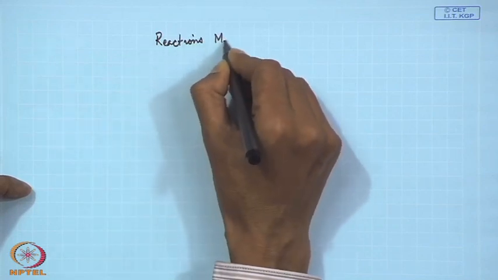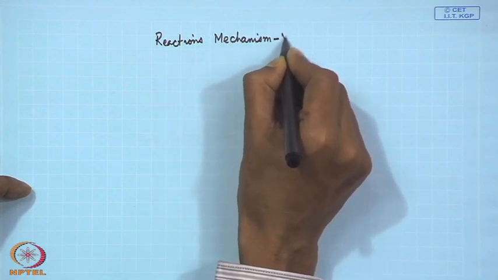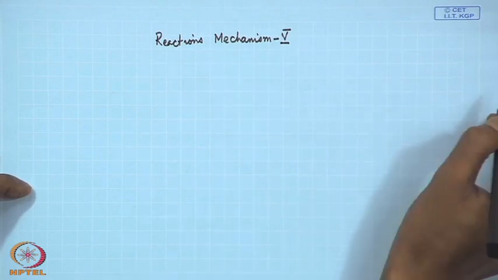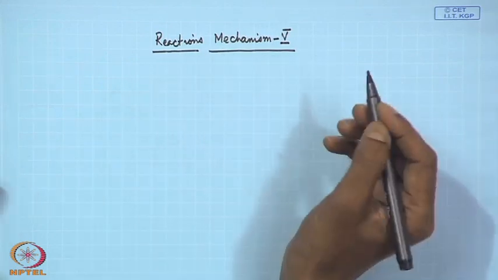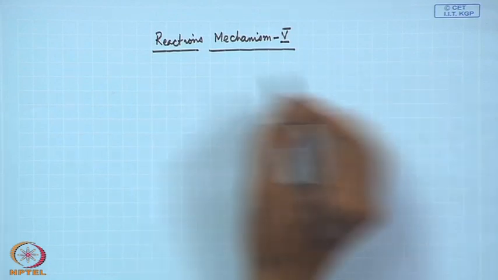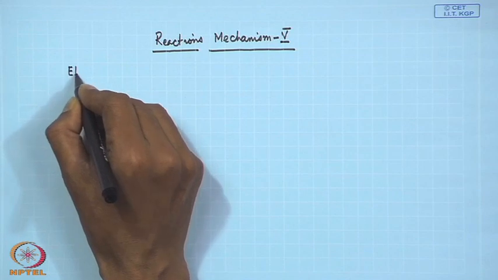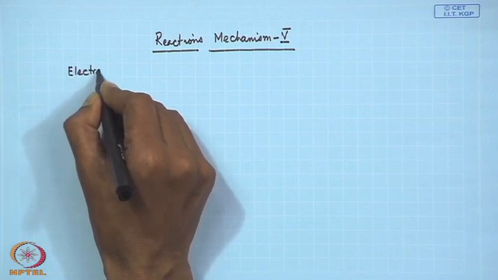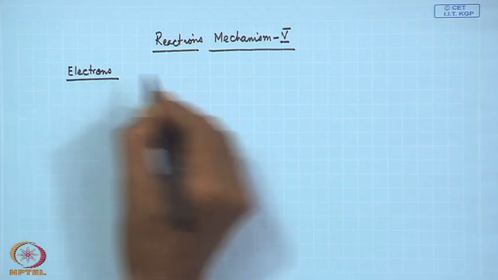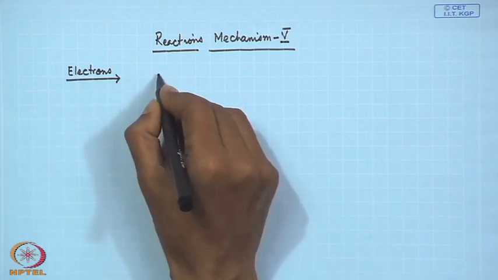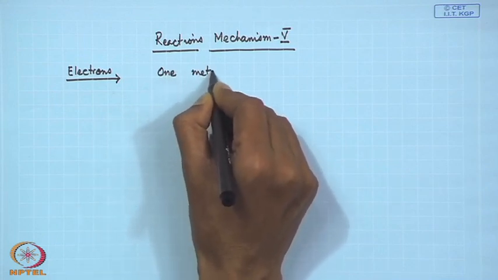Good evening, everybody. So, we will still continue with some of these aspects of reaction mechanisms in part 5, where we will mainly discuss the fate of molecules in certain types of reactions, particularly their electron transfer behavior when electrons are moving from one metal center to the other.